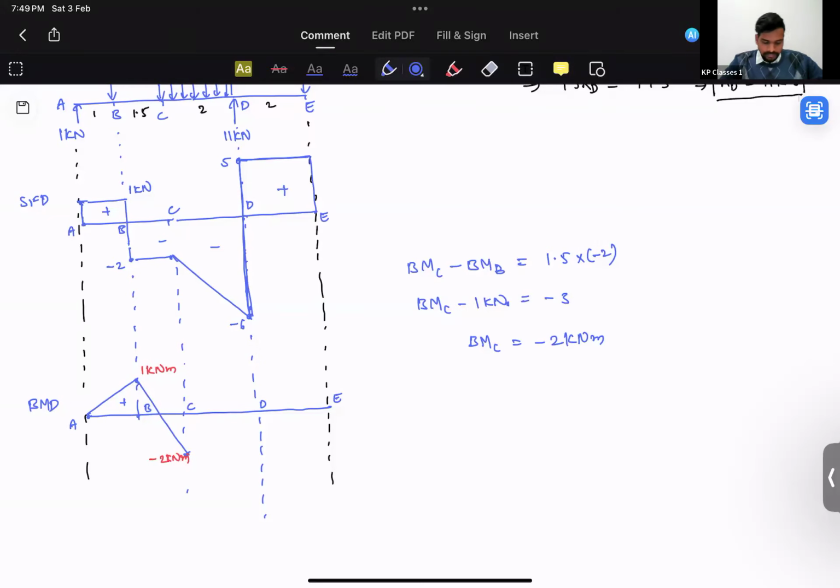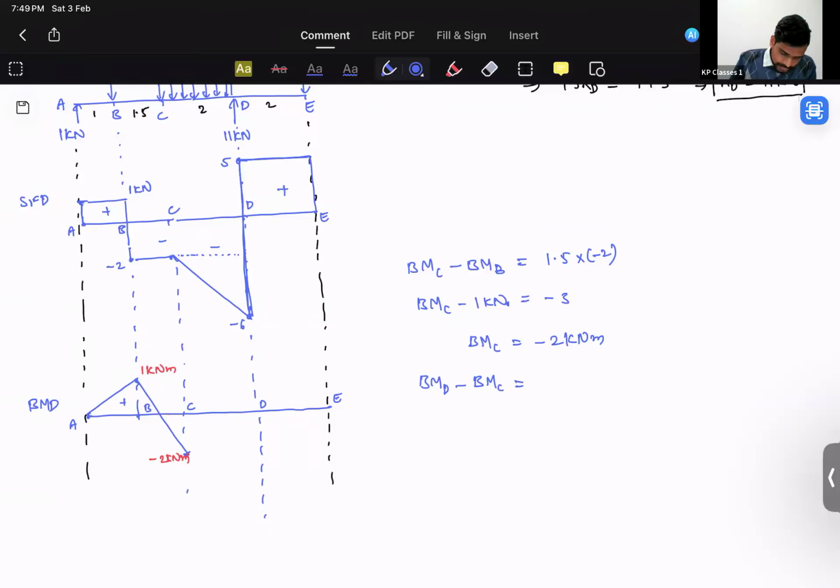The next one, at point D now, bending moment at point D minus bending moment at point C is equal to the area between those 2 points in the shear force diagram. So it is a trapezium. You can directly use that formula, or you can also add rectangle plus triangle area.